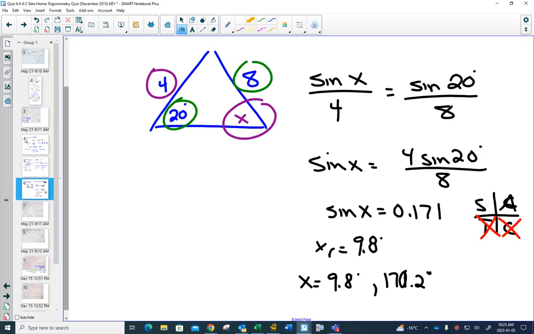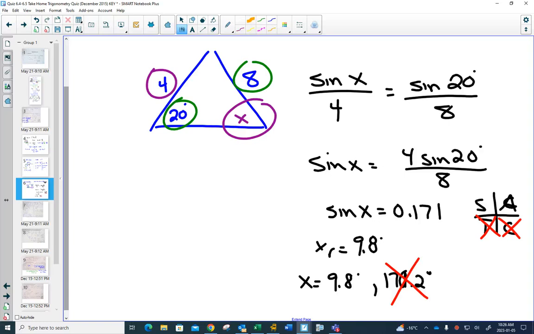170.2. Now, in these two, if you imagine them, I hope that you can see that this is impossible. Because if I put 170.2, then it's over 180. Angles in a triangle add up to 180. Okay?